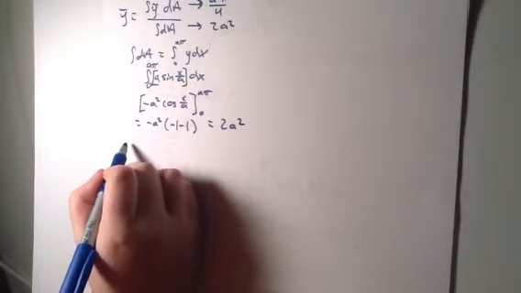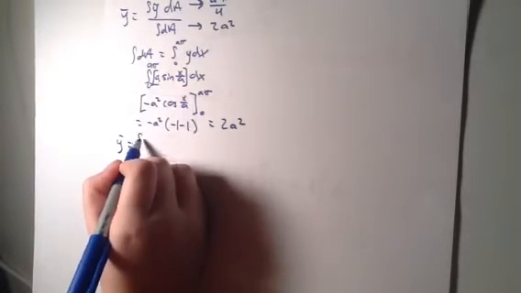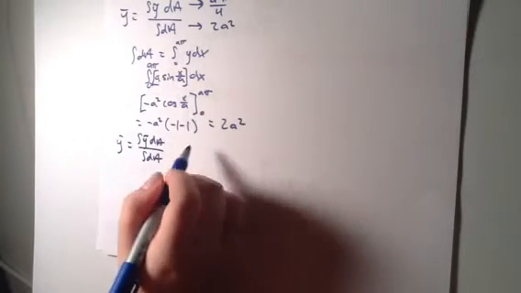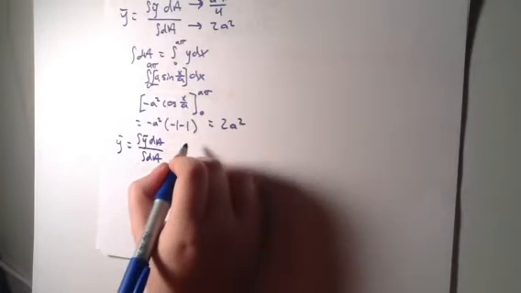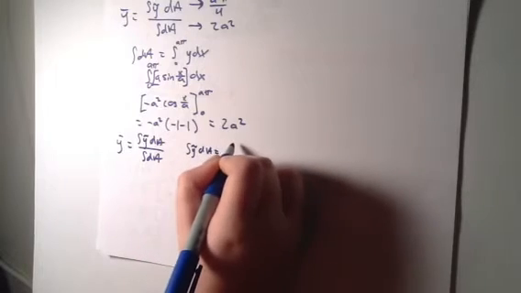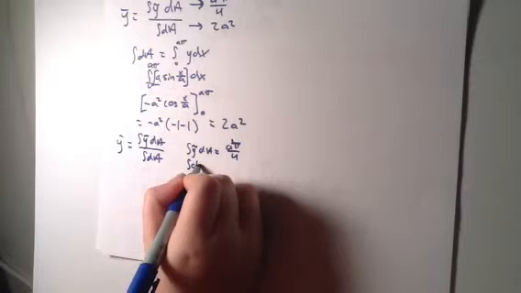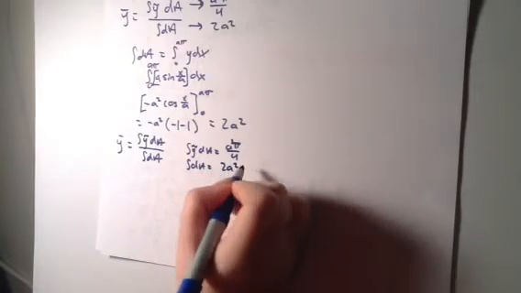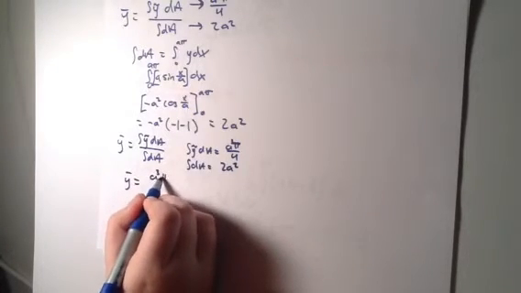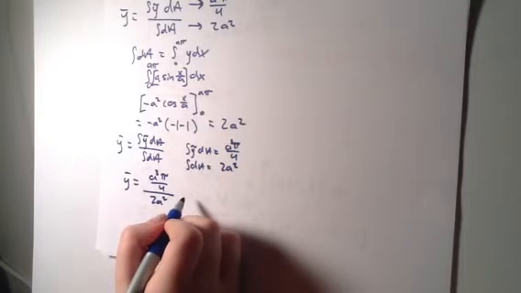Just take it down here and say if y bar equals the integral of y squiggle dA over the integral of dA, integral of y squiggle dA equals a cubed pi over 4, and the integral of dA equals 2a squared, then y bar equals a cubed pi over 4 all over 2a squared.